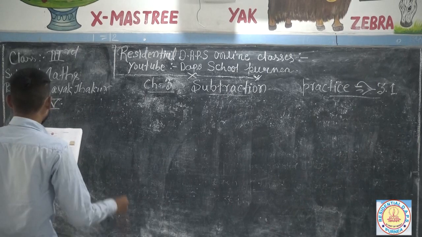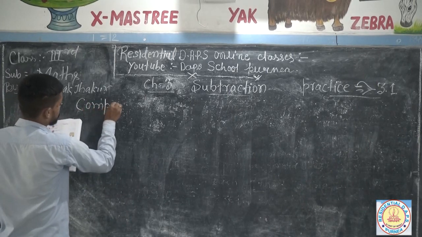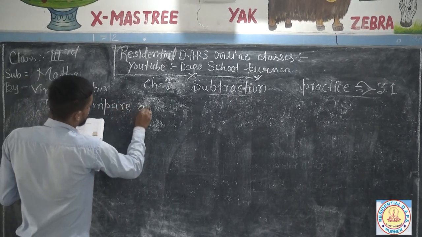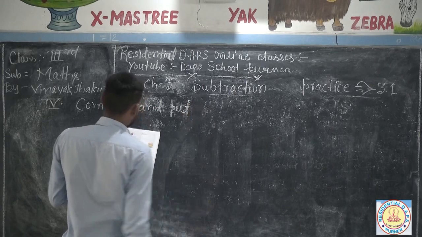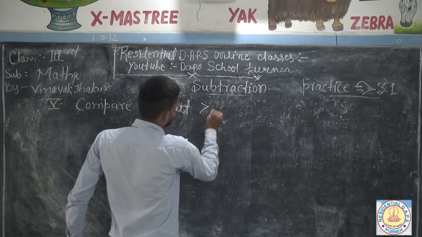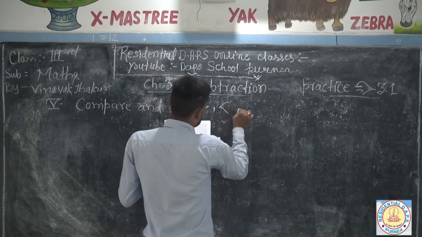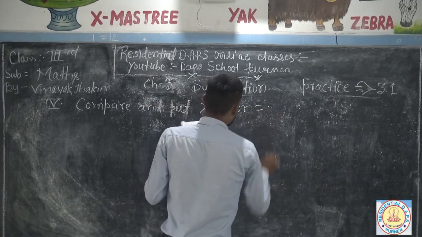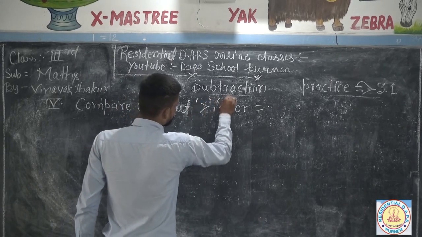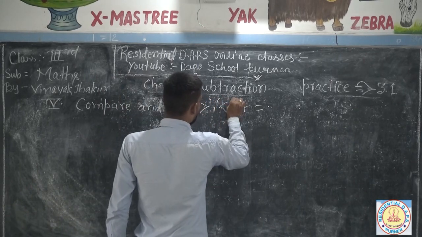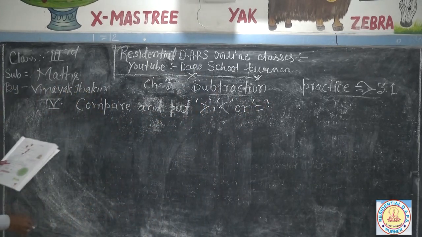Question number 5 says compare and put smaller, greater, or equal to. You need to use these 3 signs, these 3 symbols, in your question number 5.